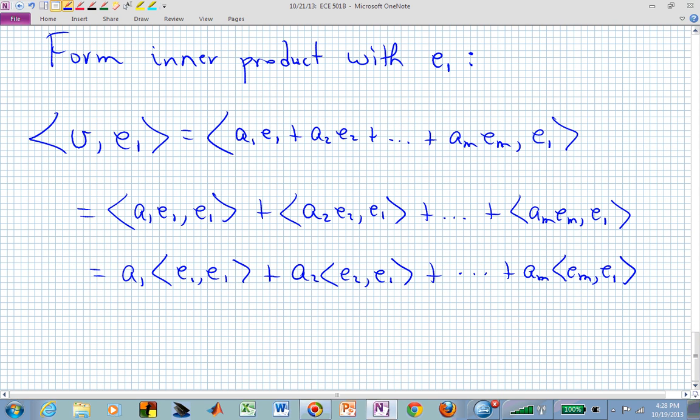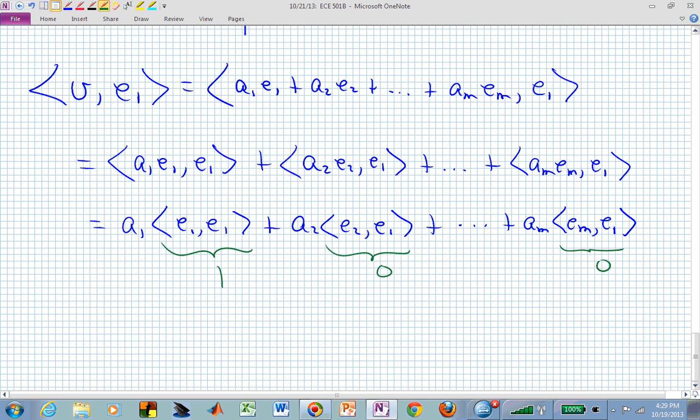But knowing what we know about these orthonormal vectors, the only one that is going to be non-zero is the inner product of the orthonormal vector with itself, by how we've defined those vectors.